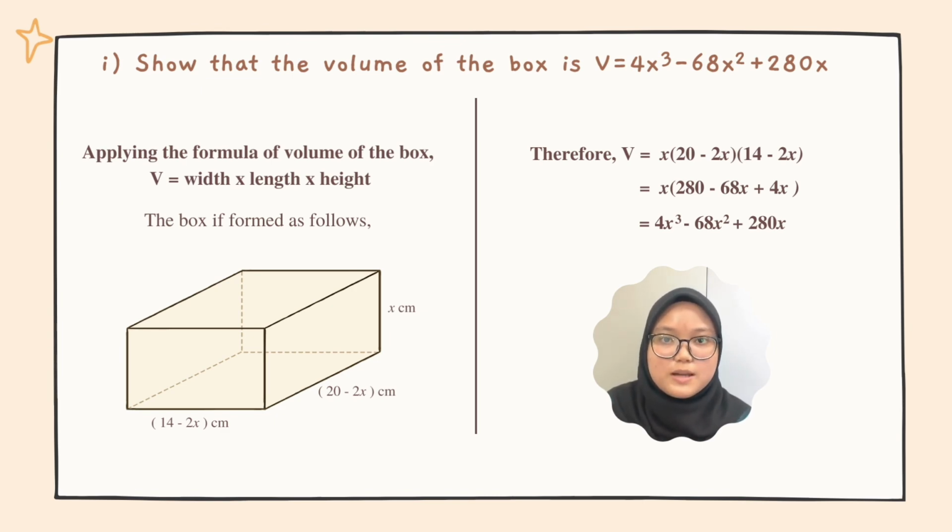Then, we substitute into the formula for the volume of the box and we get V equals x times (20 minus 2x) times (14 minus 2x). After that, we expand the brackets and simplify the equation. The answer will be 4x cubed minus 68x squared plus 280x. Now, it is proven.